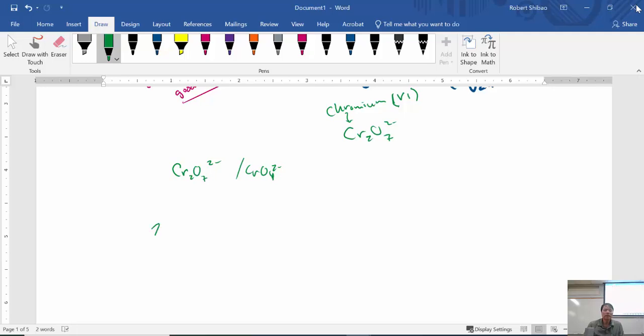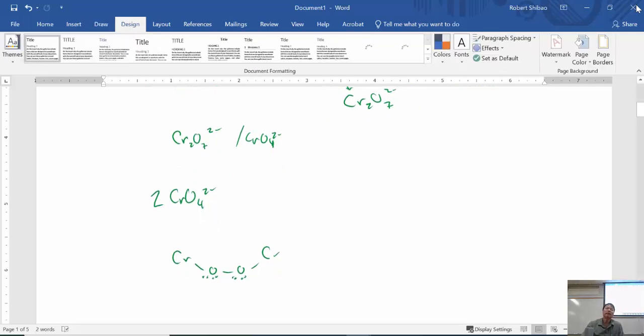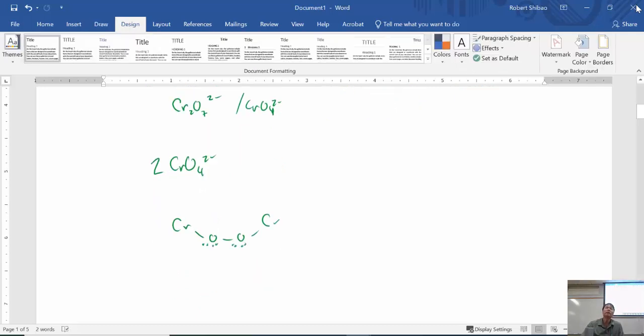So if I try to link up two chromates together like this, I'm going to have to lose one of those oxygens, because I don't want a chromium, oxygen, oxygen, chromium bond, because these bonds have, I think, well below 100 kilojoules per mole. I think they're around 67.